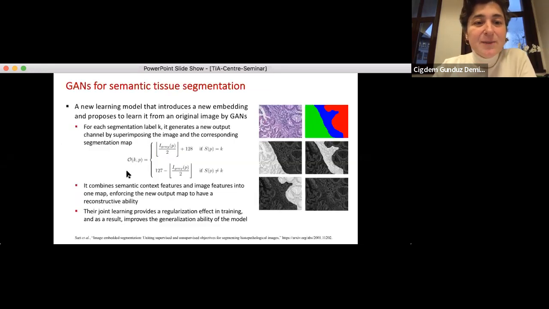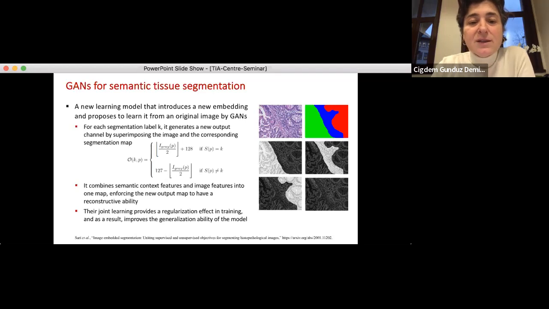Okay, now let me continue with the third model. So that is for semantic tissue segmentation. So this model introduces a new embedding and proposes to learn it from an original image by a generative adversarial network.